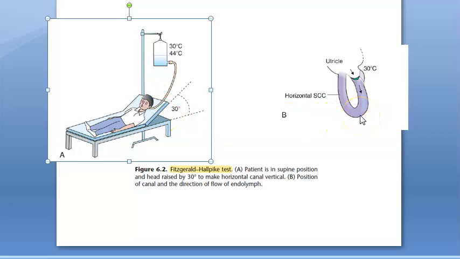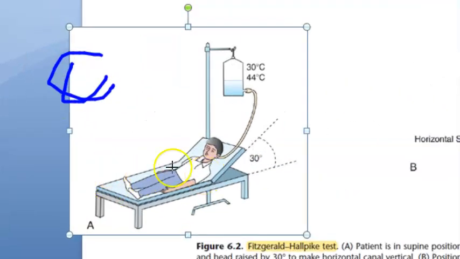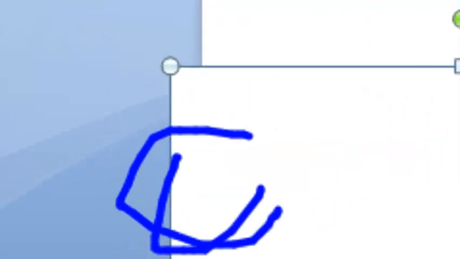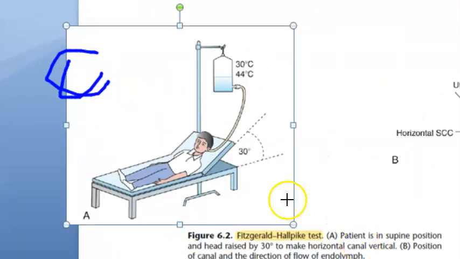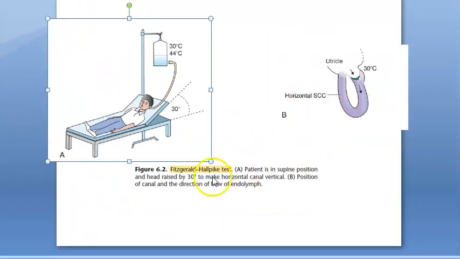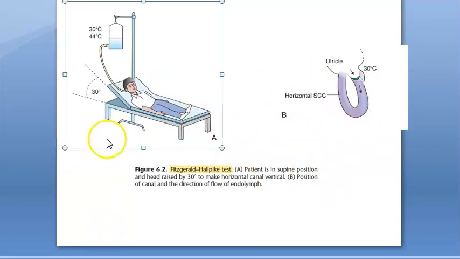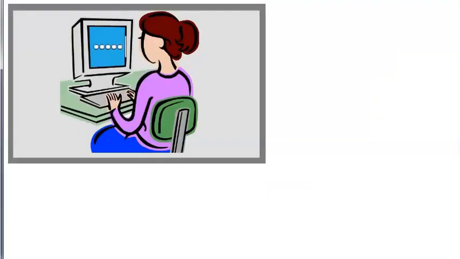The lateral semicircular canal, which was almost horizontal, now that you made him lie supine, has become vertical. Guys, just take a checkpoint here.